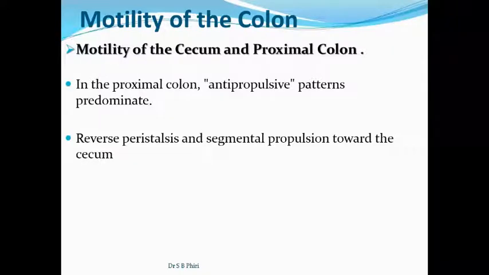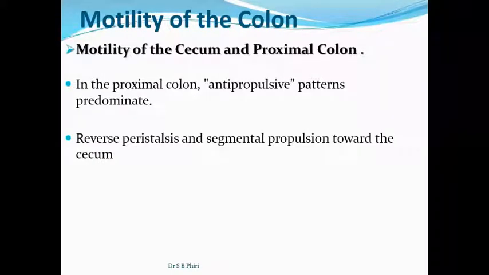So the reverse peristalsis, first, if you have a positive peristalsis, they'll try to move this chyme from the cecum towards the proximal colon. Then you can also have reversed peristalsis that will reverse the movement of the chyme. So it will be pushed back into the cecum, then it goes back into the colon.